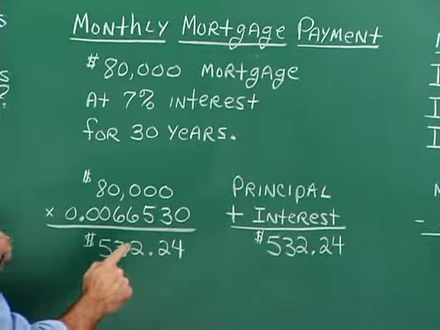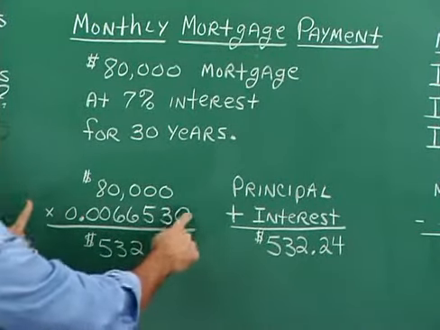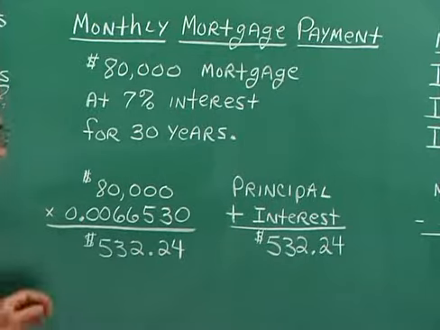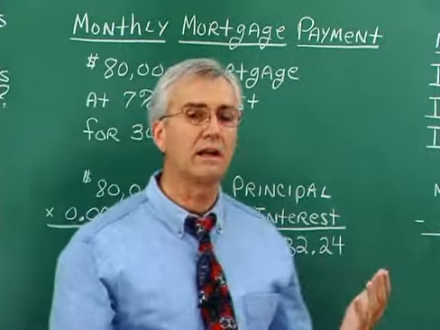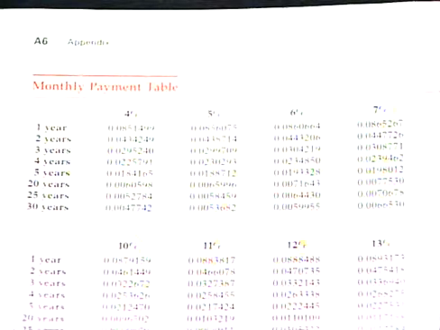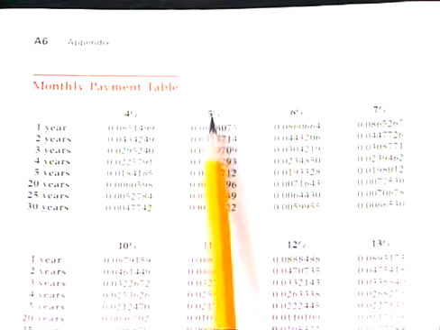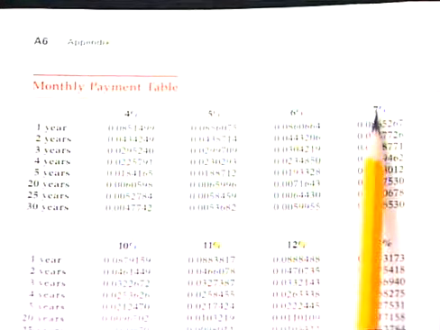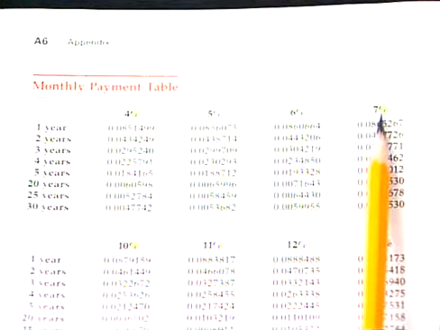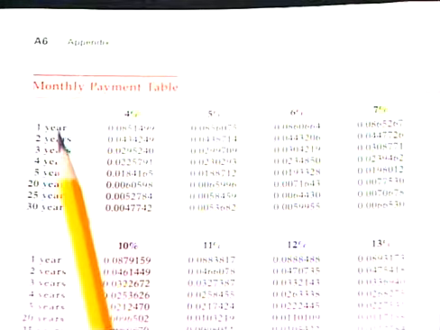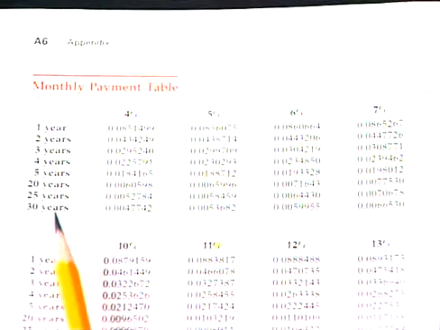Now, to describe how we find this number in a chart, the chart is located in the appendix of your textbook. You'll notice that along the top row, there's a row of percent numbers, and that's the interest rate associated with the loan. And along the left-hand side, there are numbers that correlate with the number of years for the loan.